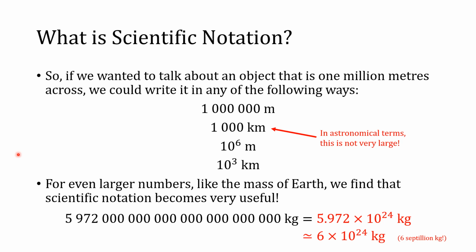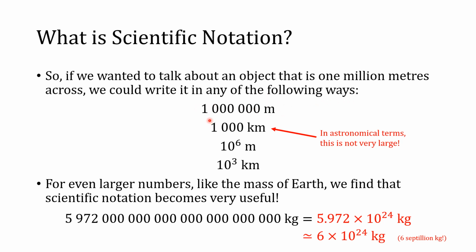So maybe we've spotted an asteroid somewhere in the asteroid belt, and we want to talk about how big it is. You take some measurements, and you find that it's got a diameter of 1 million meters. Now, that's not actually very large for an astronomical object, but we could write it in various ways, right?